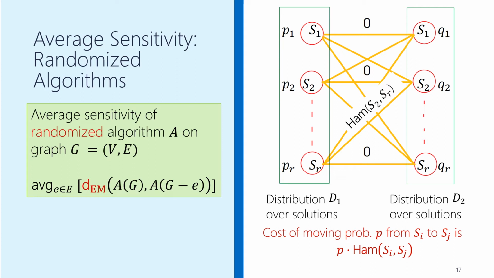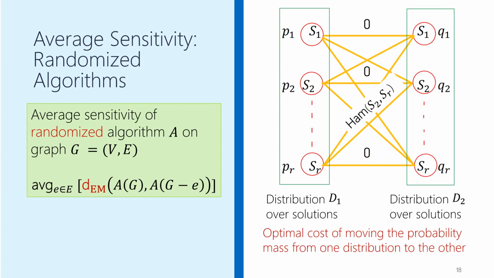Let us define the work needed to move a probability mass of P from a solution Si to a solution Sj to be P times the Hamming distance between Si and Sj. The earth mover's distance is the cost of the optimal way to move all the probability mass from the left side to the right side using the edges in this graph.